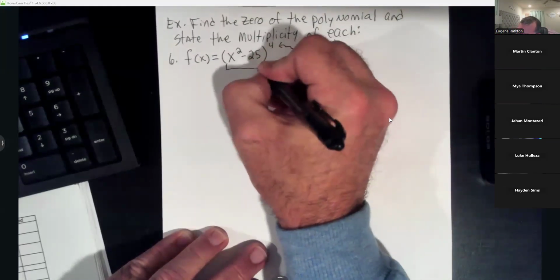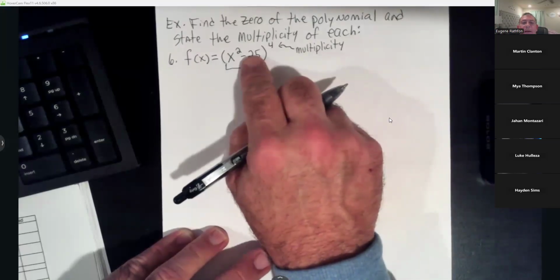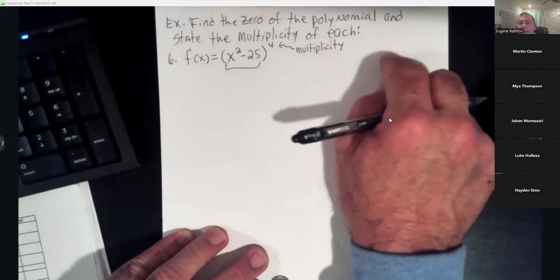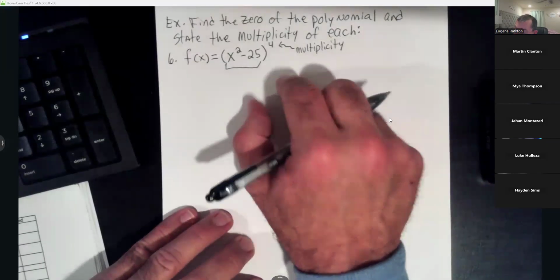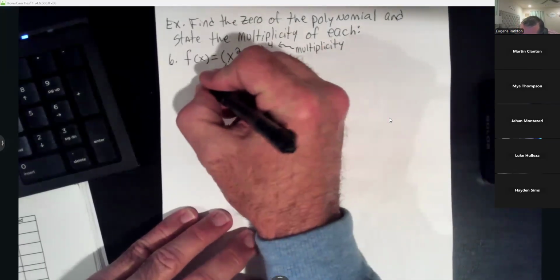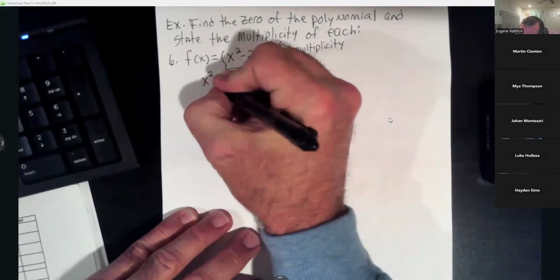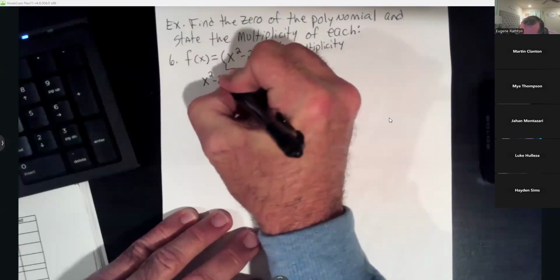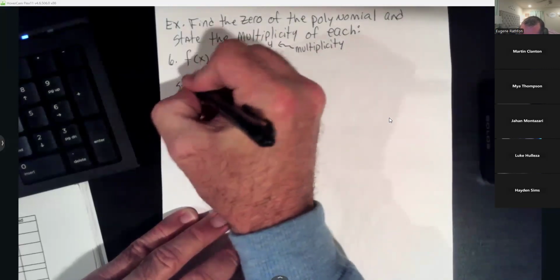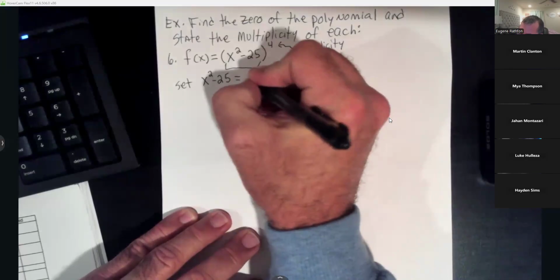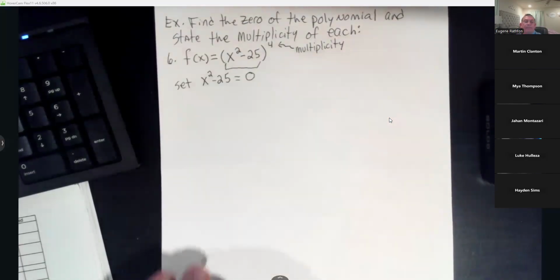And this factor, the x squared minus 25, is what I'm going to set equal to 0 to find those zeros. So I'm going to set x squared minus 25 equal to 0.